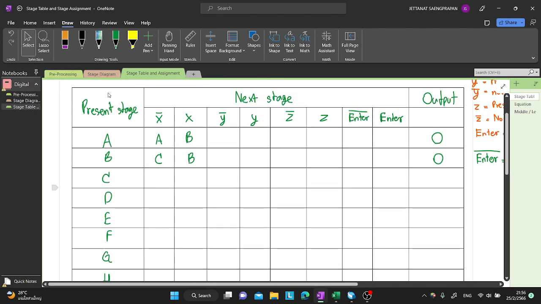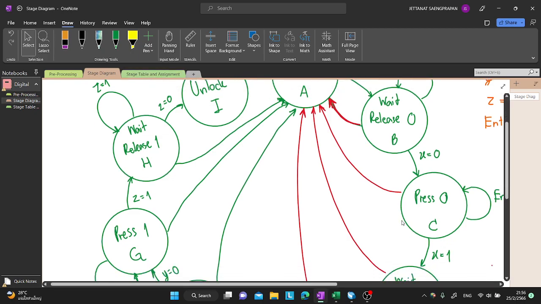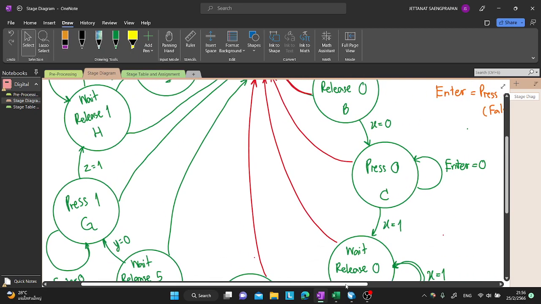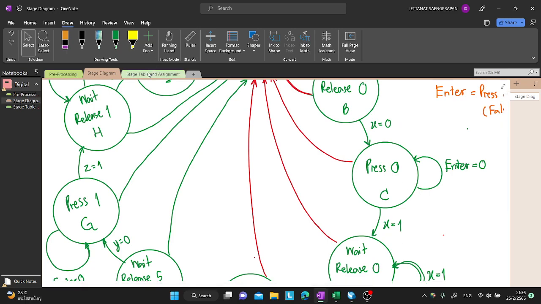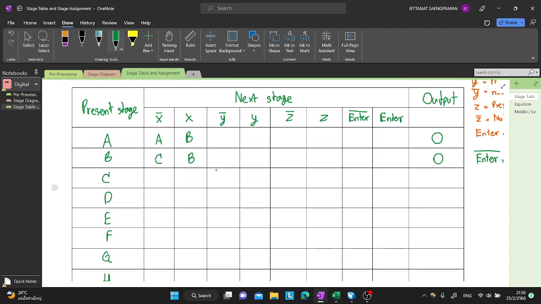And then the next stage is state C. In state C, when I press 0, which is X is 1, which is right here, when I press X, it goes to the next stage.